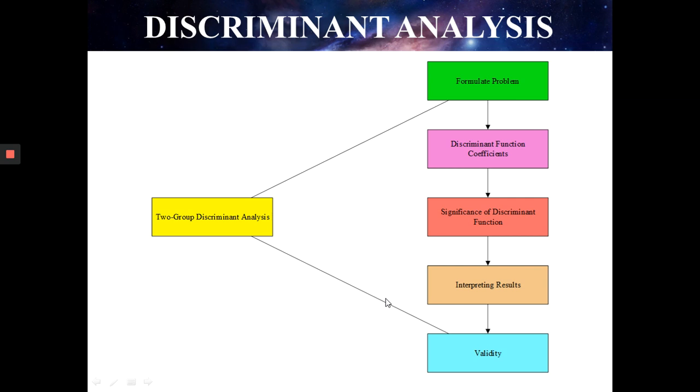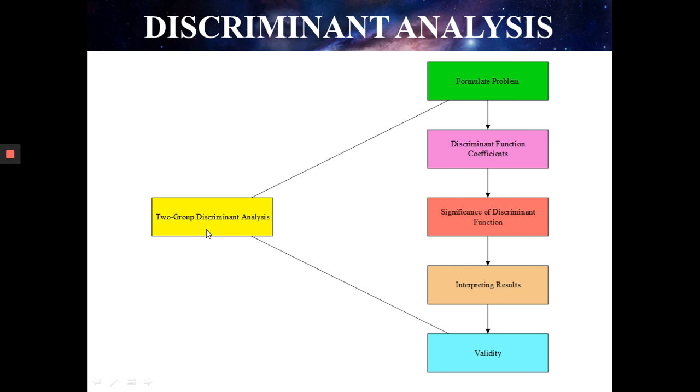What is two-group discriminant analysis? Two-group discriminant analysis is the discriminant analysis technique where the criterion variable has two categories.